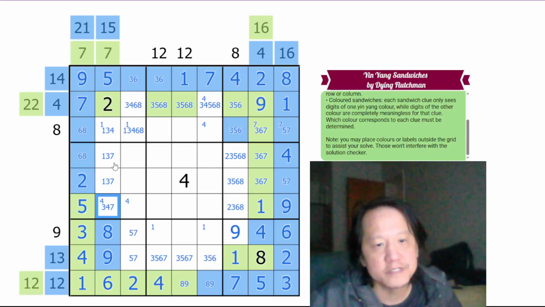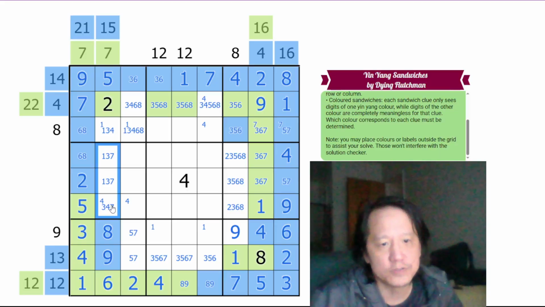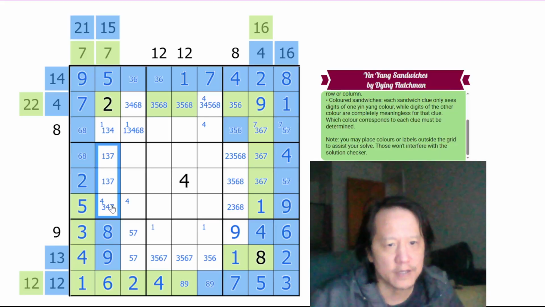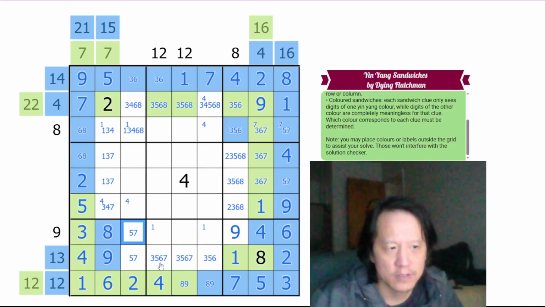We are guaranteed a 7 in one of these 3 cells, so one of those is blue. And then 1 has to be one of them. So this can't be 7 either, because if this were 7, it would not be in between 2 and 7.